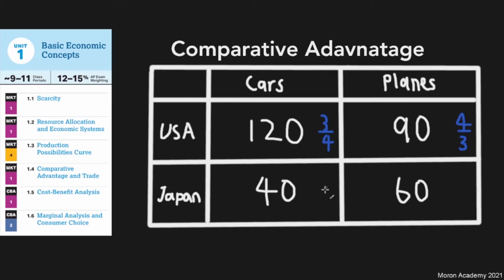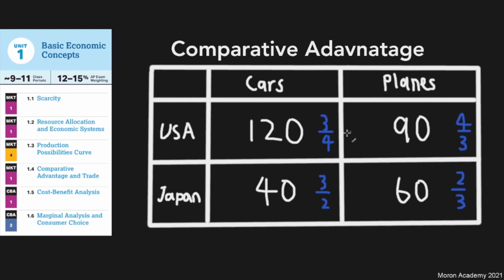For Japan, we take 60 over 40, which is 3/2, and 40 over 60, which is 2/3. From then on, to figure out which country should specialize in what, you simply find which opportunity costs are lower compared to the other ones.